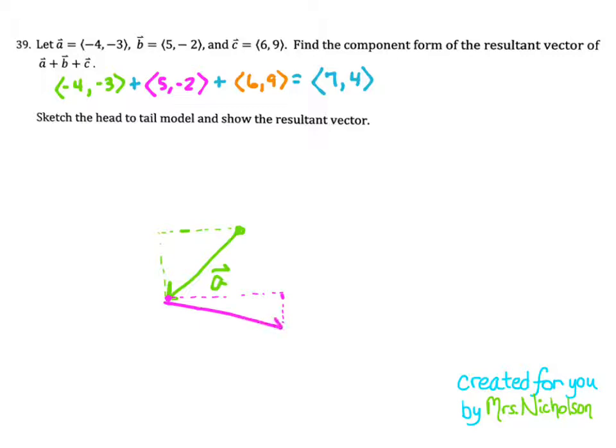And so that would be vector B. And then finally vector C. Vector C is going to begin where vector B ends. So this is going to be the beginning point for C. And C goes 6 units in the positive direction and then 9 units in the positive vertical direction.